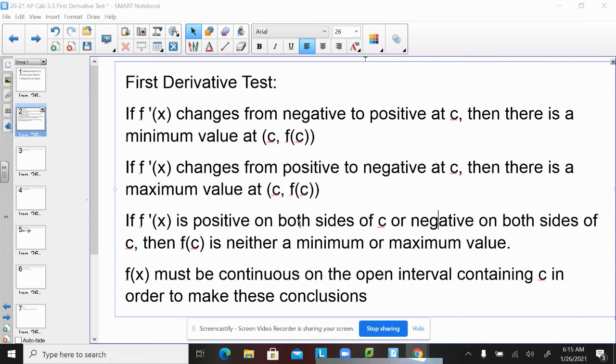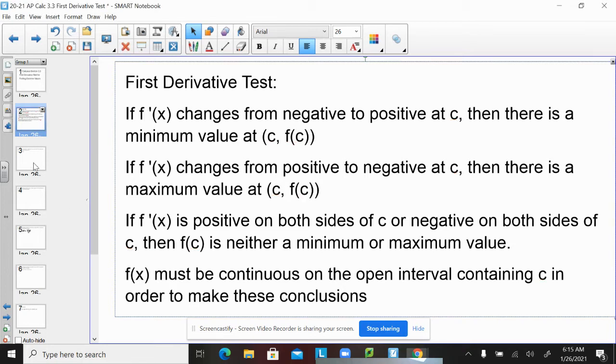Remember, if the function or the derivative is not defined, that could still be a critical number. That could still change where it's increasing or decreasing. But if there's a vertical asymptote in a function, then just because it's changing, that would not be a maximum.